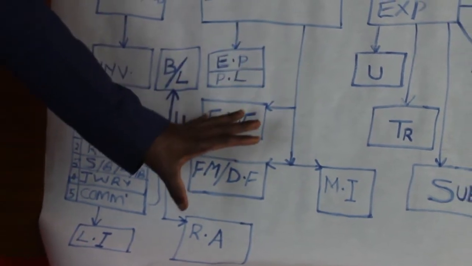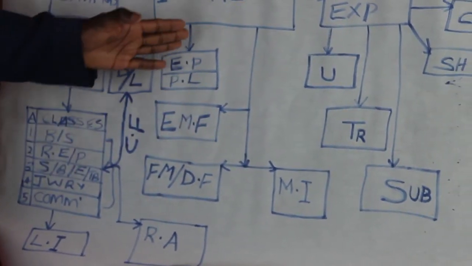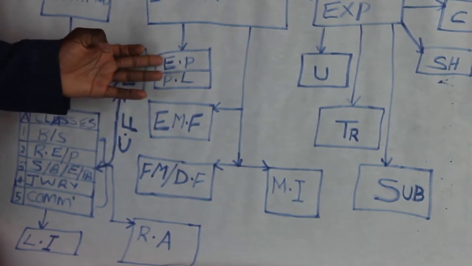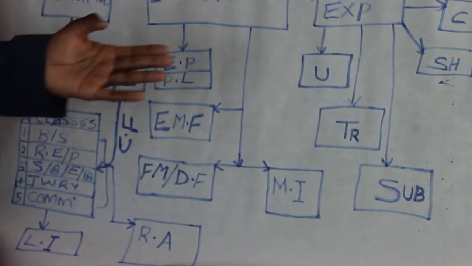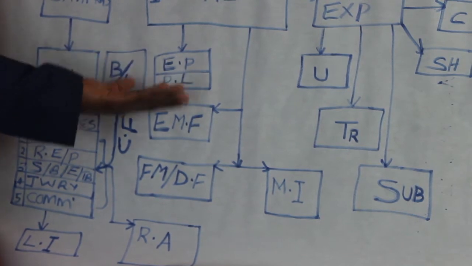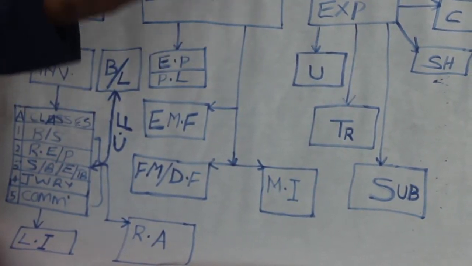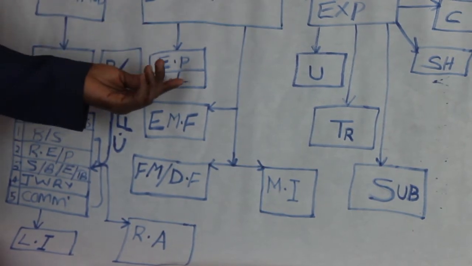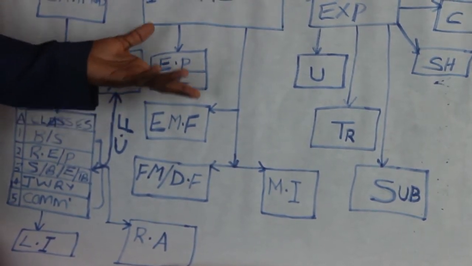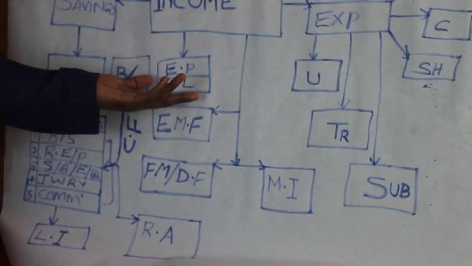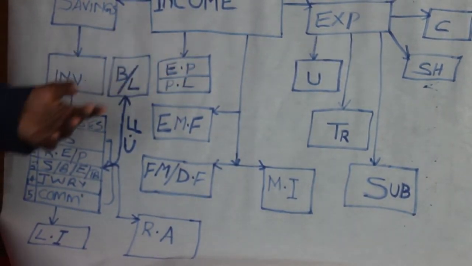Then on the central part, we have the education aspect. That is, we have an education policy for the education of your child, or personal learning for you as an individual who wants to gain more skills or improve on what you have by buying a book or attending a seminar to acquire more knowledge.